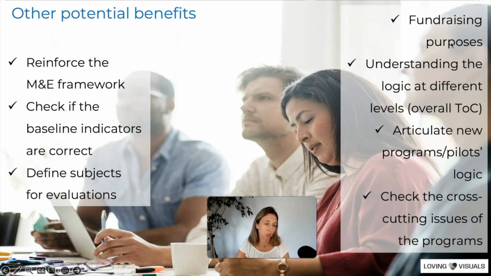They can also use it for fundraising purposes, or for understanding how each of the programs or each of the units come together at some point in what we call an overall theory of change.